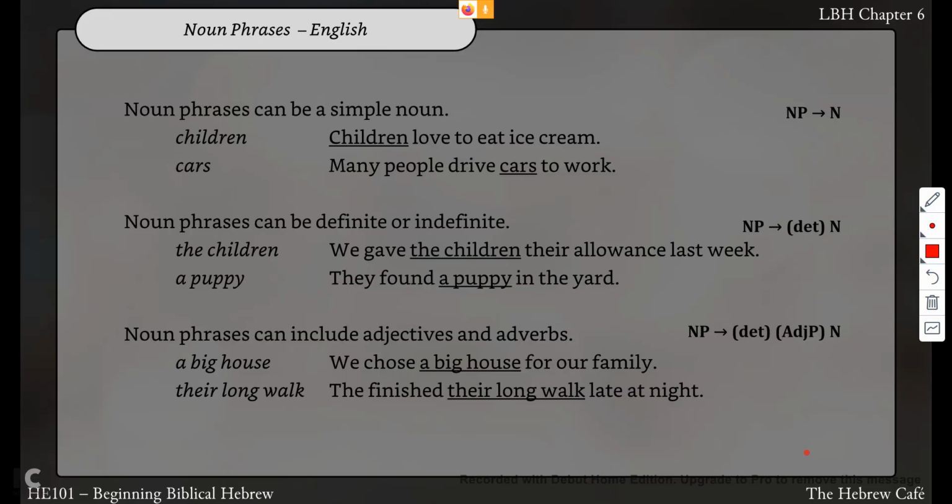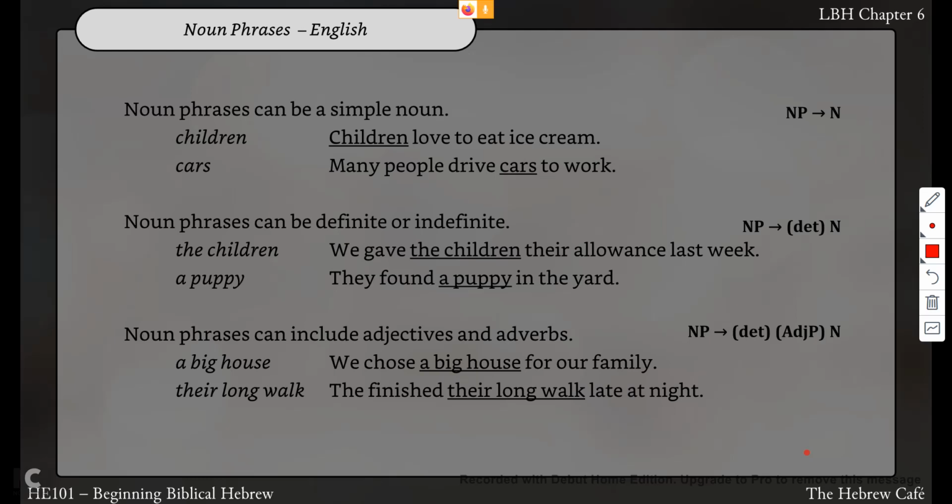Yes. Okay. Because we had high school grammar, right? So noun phrases can be simple, can just be a simple noun. Children love to eat ice cream. Cars, many people drive cars to work. They can be definite or indefinite in English. The children, a puppy. And they can also include adjectives and adverbs. So you can say a big house, that's a noun phrase.